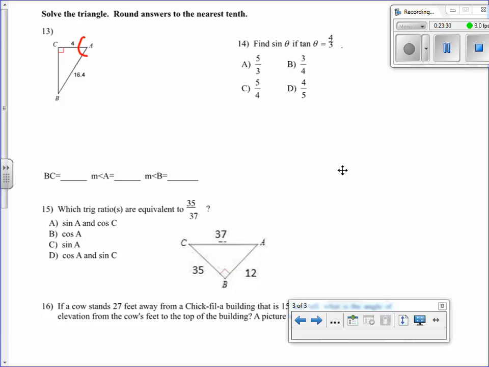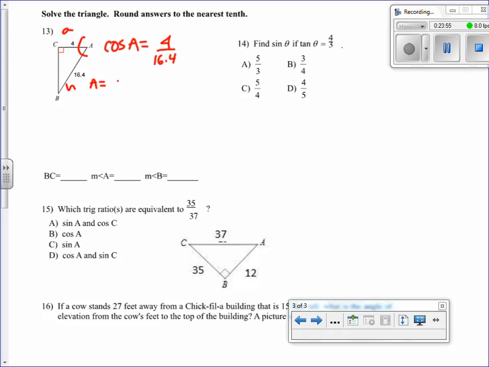So for angle A, that's going to be adjacent and hypotenuse. So that was the cosine of A equals 4 over 16.4.